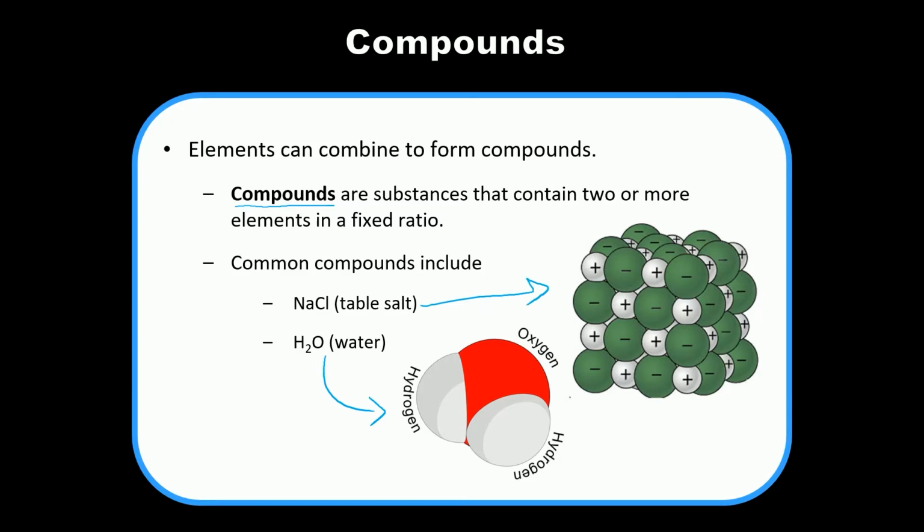And you'll notice that they're a little bit different from each other. Each water molecule has exactly two hydrogens and one oxygen. Compounds are substances that contain two or more elements in a fixed ratio. So 2 to 1 is the fixed ratio for water. However, a crystal of sodium chloride could have really any number of sodiums or any number of chlorine in it, but the two numbers will be roughly equal.